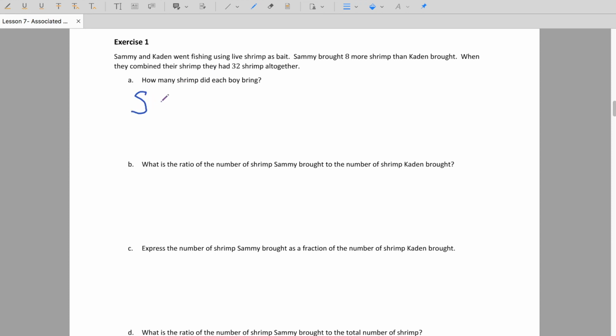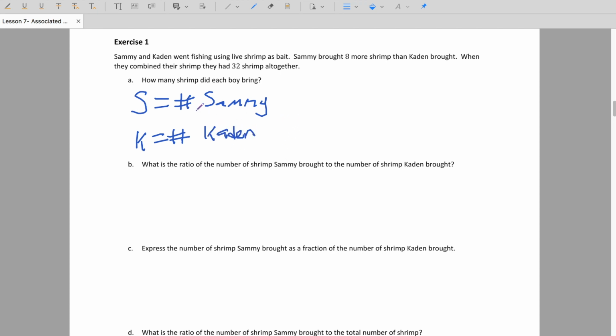So I'm going to say S equals the number Sammy bought, and K equals the number Caden bought.